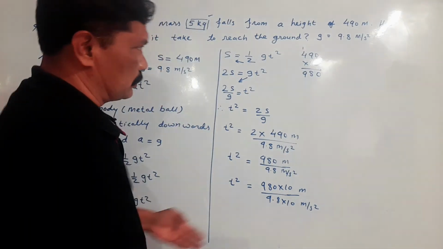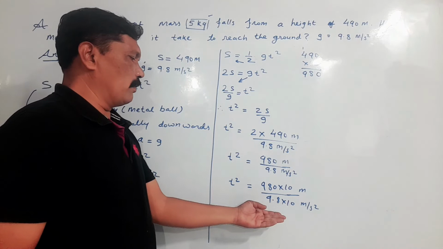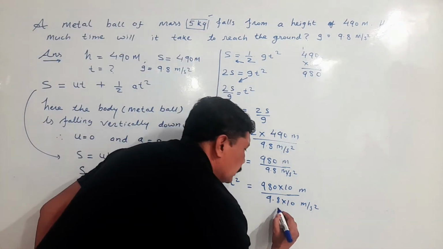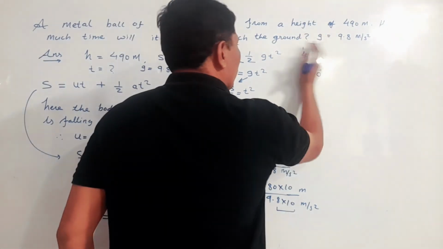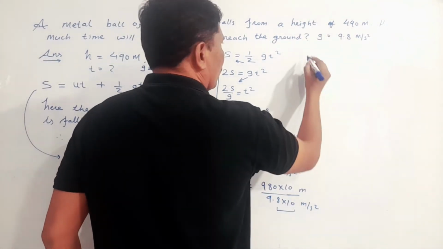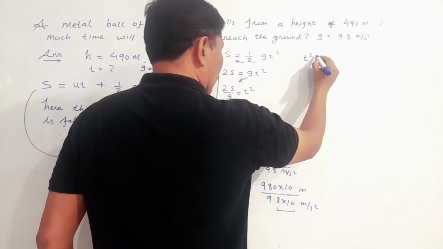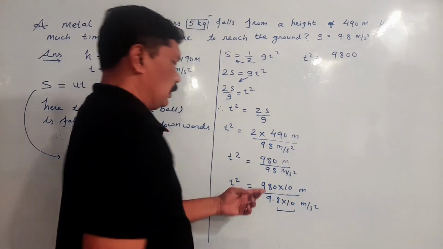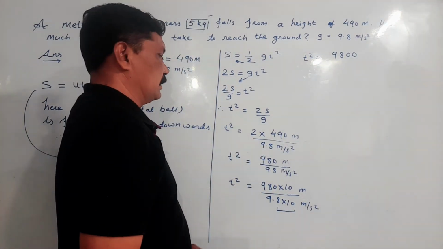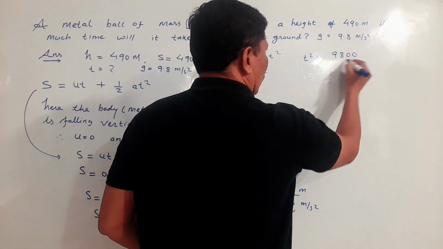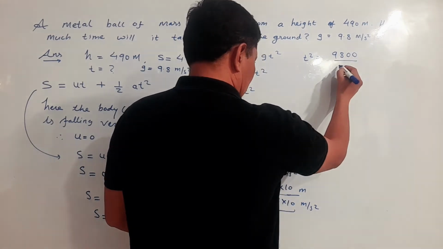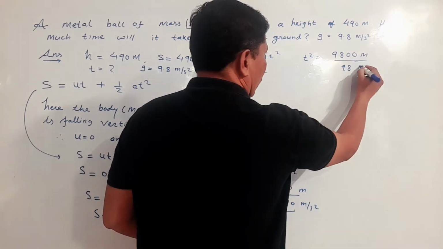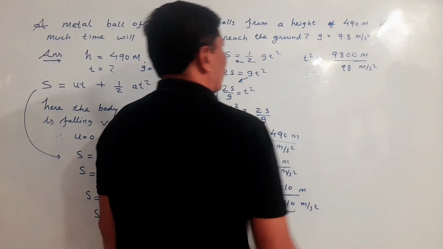Now here my dear student, what we have done, we have tried to remove the decimal point, and now here the decimal point is removed. So here we can write T square is equal to 9800, 980 into 10 is 9800 upon 98, and meter upon meter per second square we can write.